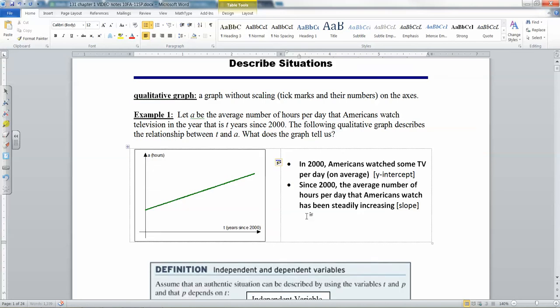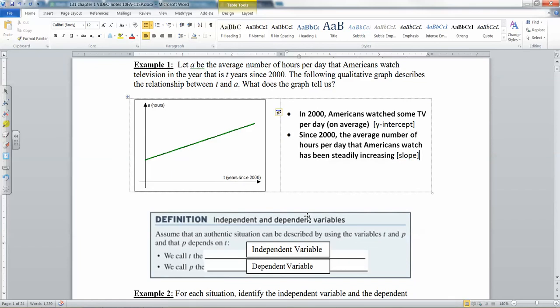Now that leads us to a very important definition for us, which is independent and dependent variables. And as you can see, I already typed them up. So when you have an authentic situation that can be described by using the variables t and p, and that p depends on t, t is called the independent variable and p is called the dependent variable. A lot of students like to think of the independent variable like the "x."